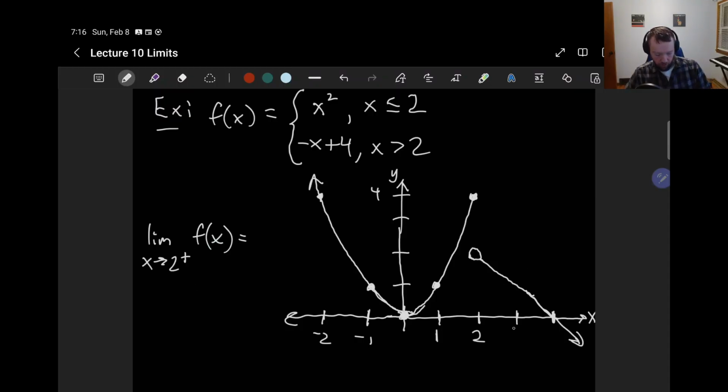So that means all I care about is as I'm approaching 2 from the positive side. So what's happening with this line? What height am I approaching? Well, I'm approaching this height of 2, as we approach from the right side.